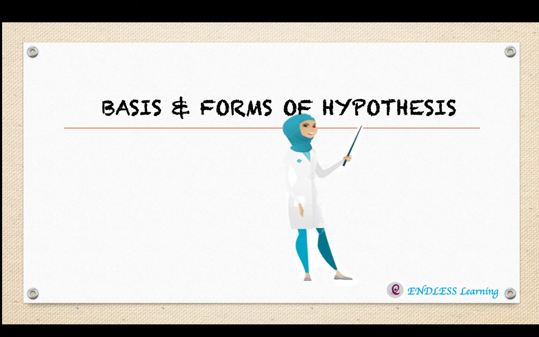The bases will guide the researcher when to write the null hypothesis or when to write the directional hypothesis. The researcher has a choice to formulate any one of the three types of hypotheses. We will discuss them in the types of hypothesis later on. But there are bases for the formulation of the hypothesis.